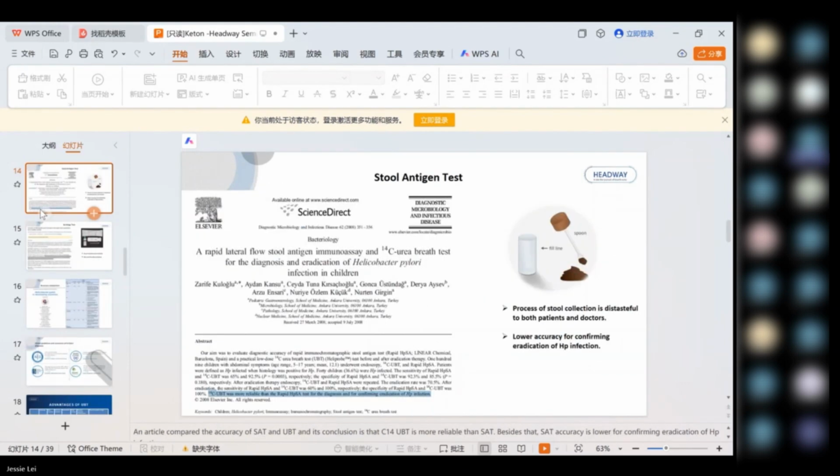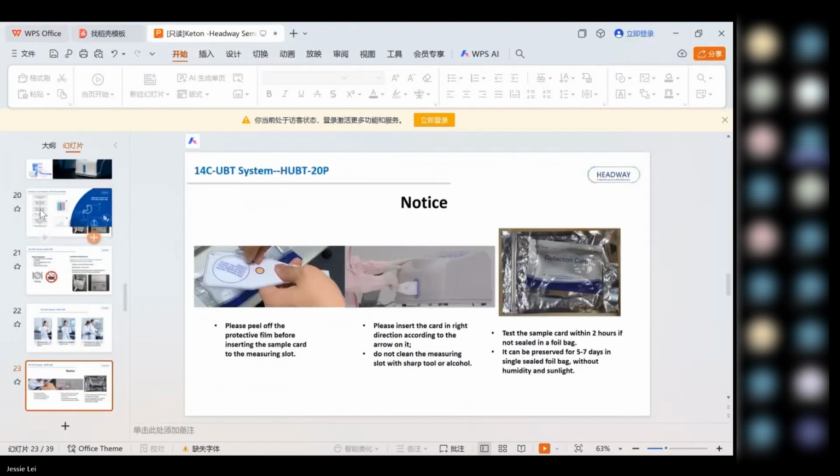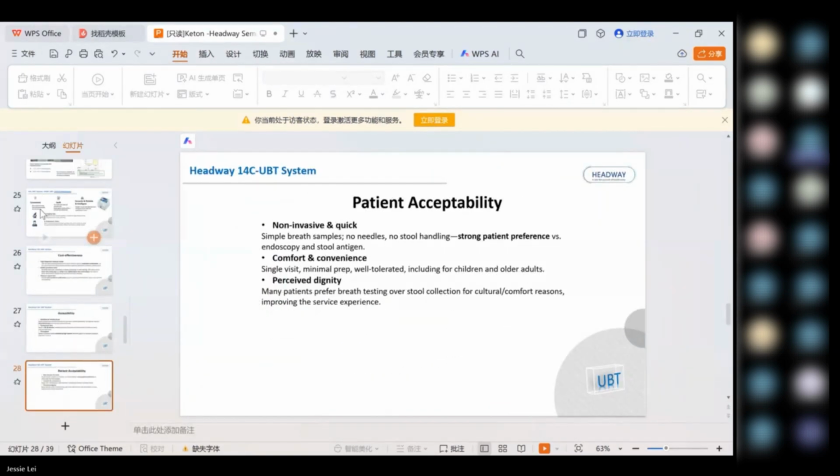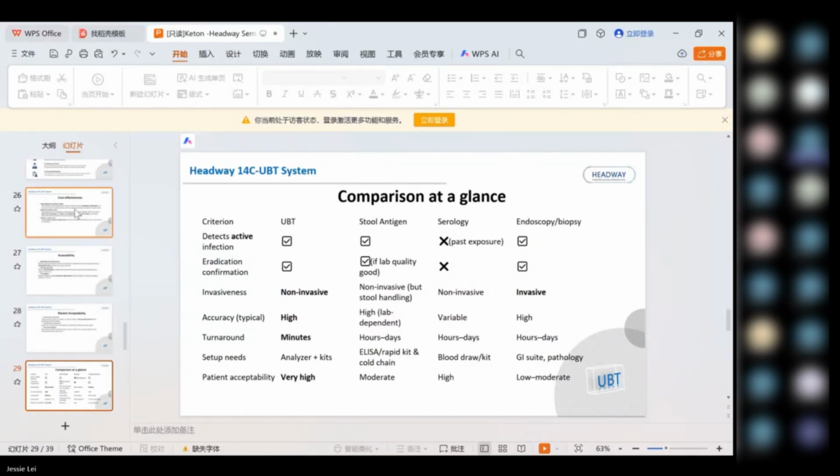The next question is from Rotich Nelson. Thank you, Jessie, for the good and precise presentation. What is the best sample of choice for urea breath test? Jessie, do you want to pick up that?